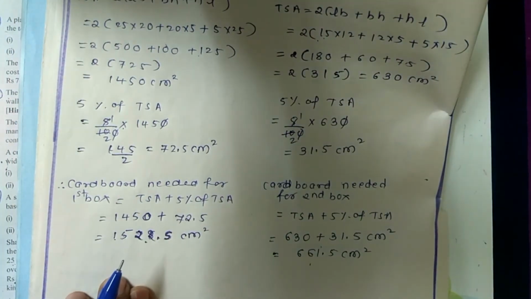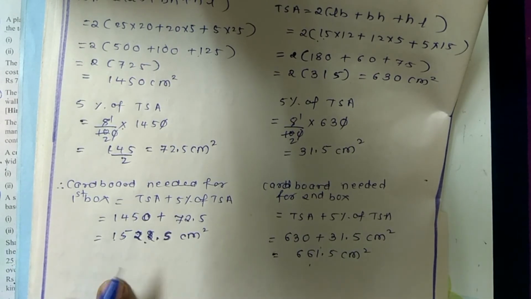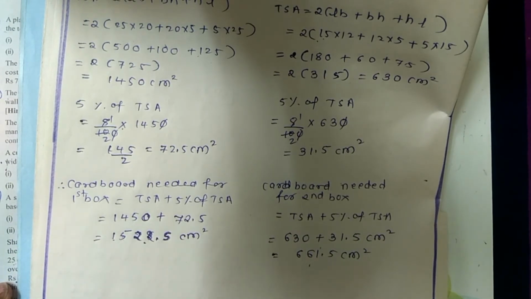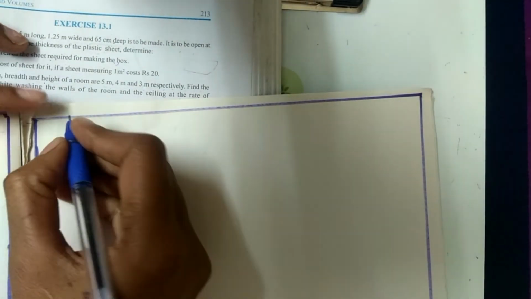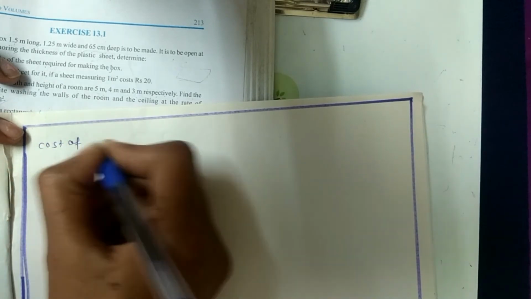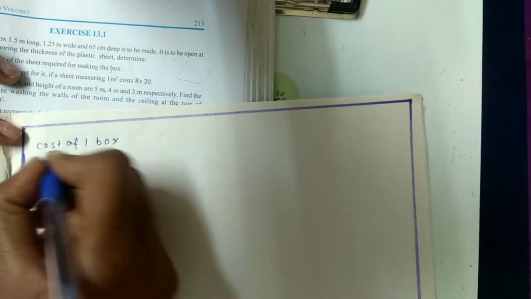But what I'll do, I will find the cost first and then I'll multiply with 250. So the cost of the first box we'll find out.